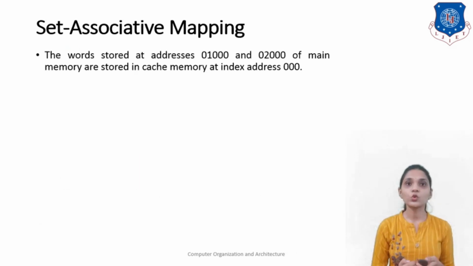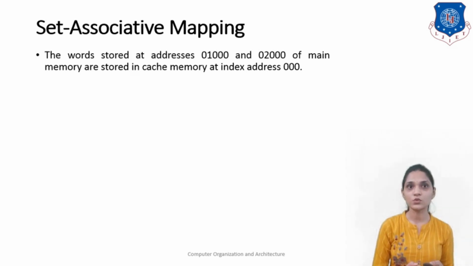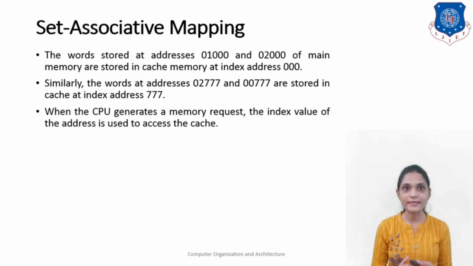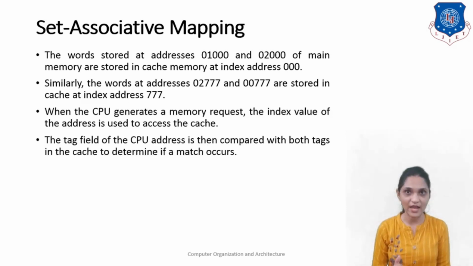The words stored at the addresses 0100 and 0200 of the main memory are stored at the same index 000. Similarly for 777. When the CPU generates a memory request, the index value of the address is used to access the cache.